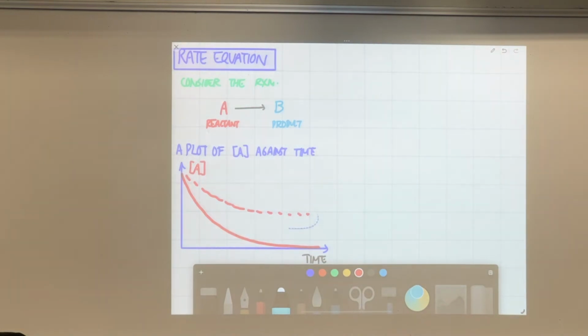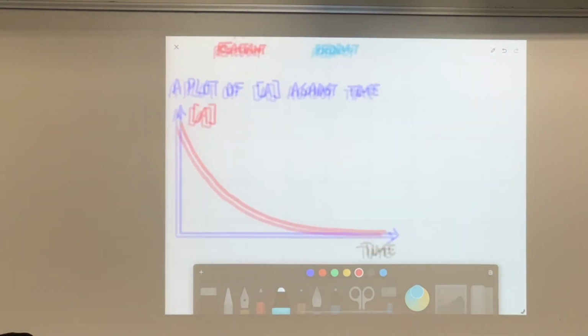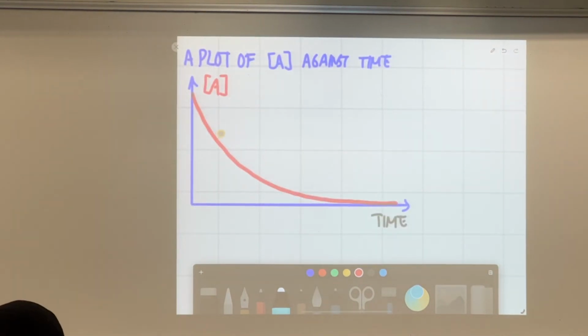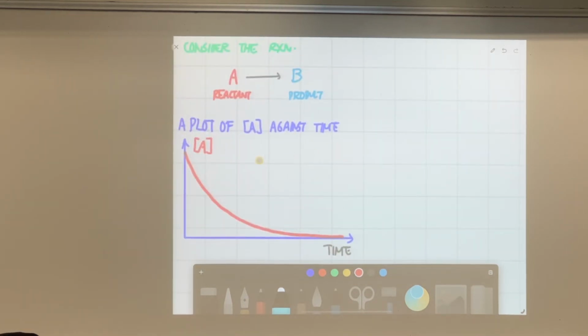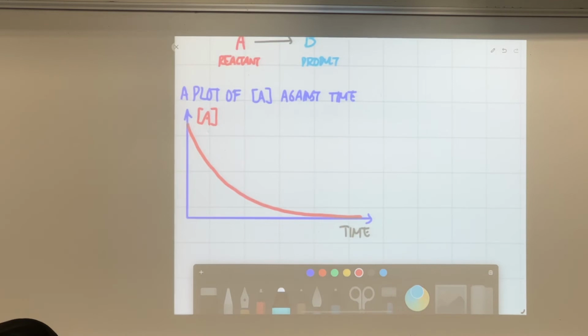And can you describe how the rate changes over time? When is the rate the highest? Initial rate. Okay, and for the initial rate, you need to know how to find it. It's to find the slope of the tangent drawn at t equals 0. That's where quite a few of the students are lost, the math.